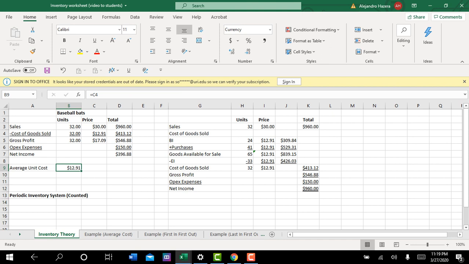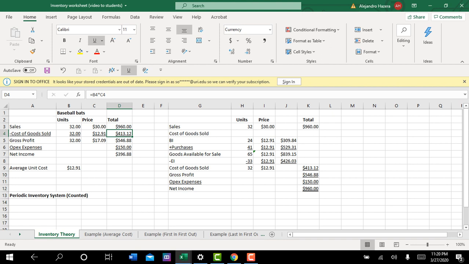So the average cost of each bat is $12.91. Okay, so if we take those 32 bats, multiply them times the average cost of $12.91, what we're going to get here is the total cost of the goods sold for these 32 baseball bats, total cost is $413.